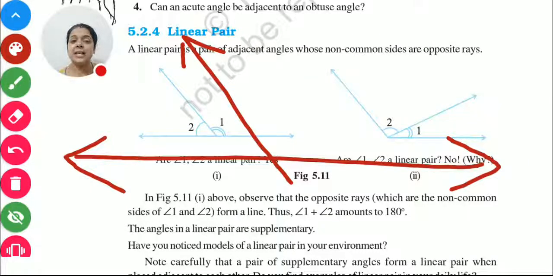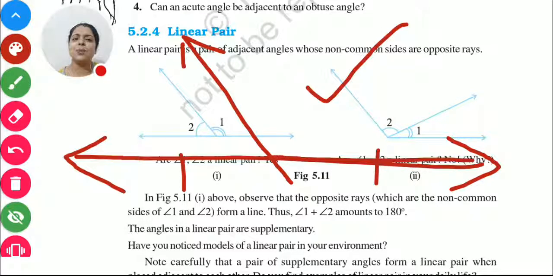Here we are talking about the thing which is uncommon. These are the two lines which are uncommon. So you have to check whether they are in two different, opposite directions or not. Here we can say yes, they are opposite directly. So yes, it can be.